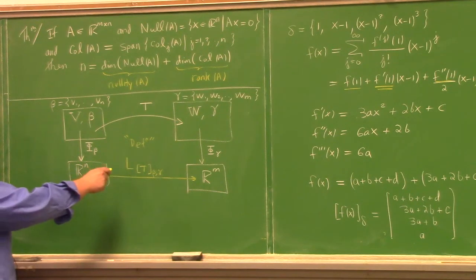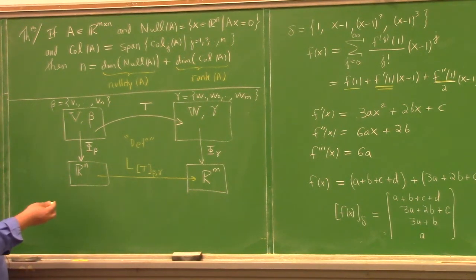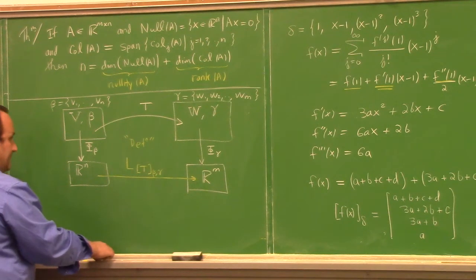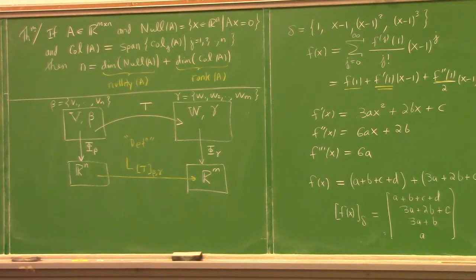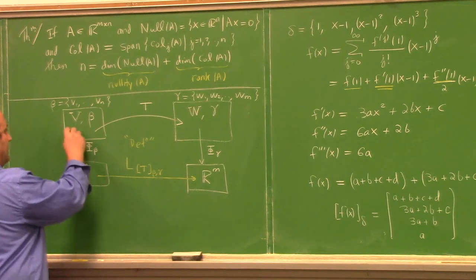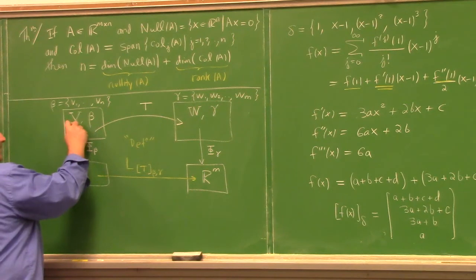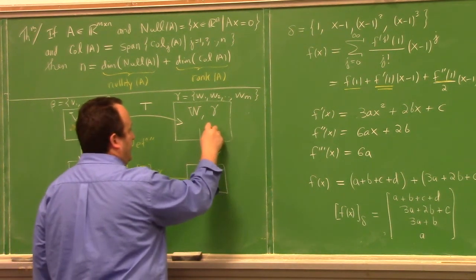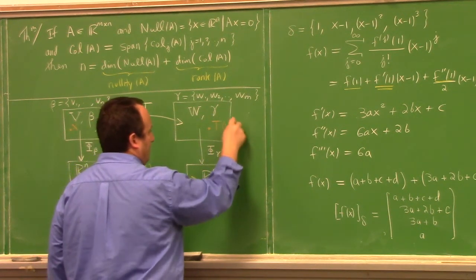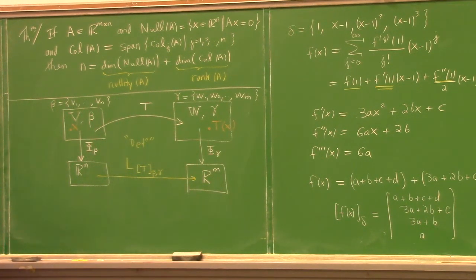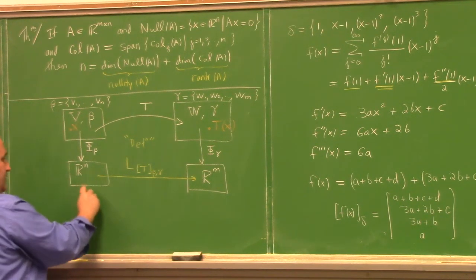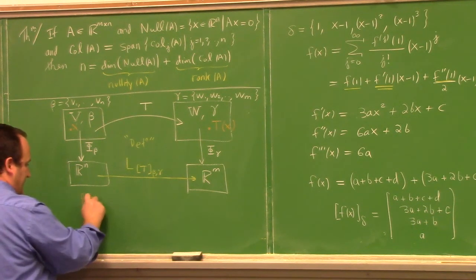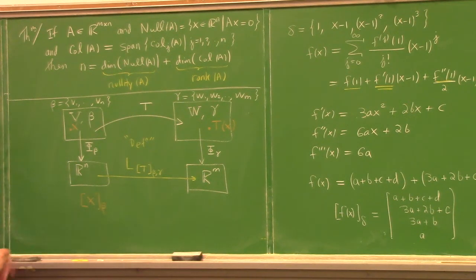So what I'm saying, right, is that we could track a vector upstairs, let's say x. Over here, you'd have T of x. So that gives you, down here, x sub beta, the coordinate vector of x with respect to the beta basis.